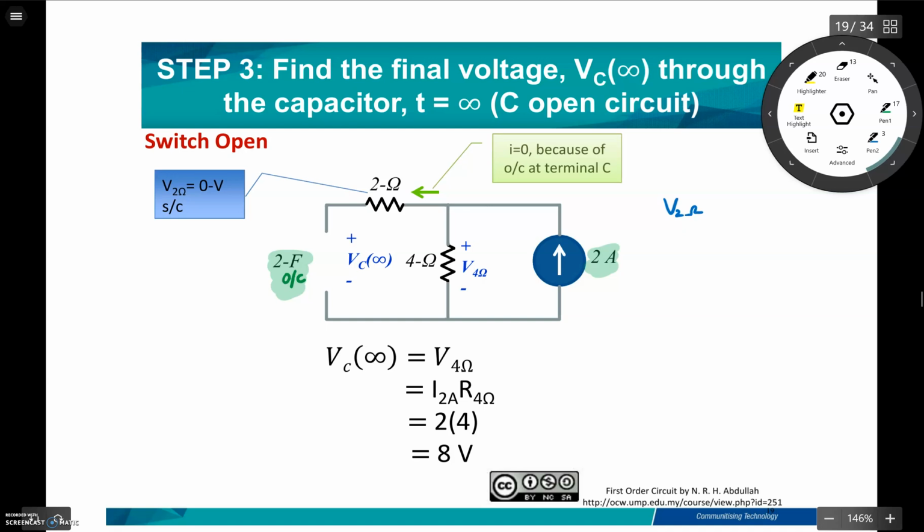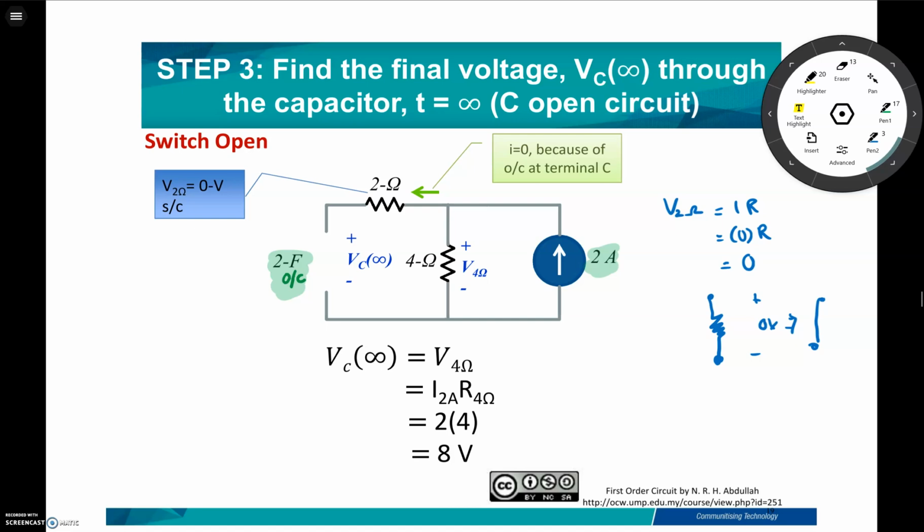V across the 2 ohm is equal to I R. When I is 0, V is 0. So if V is 0, it will act like a short circuit. Short circuit, voltage is 0.